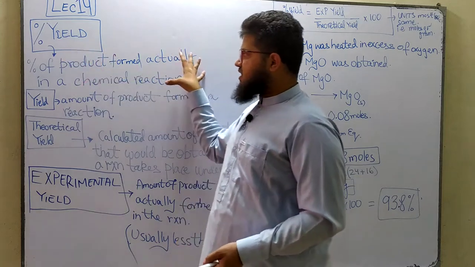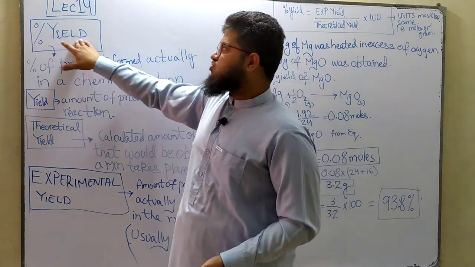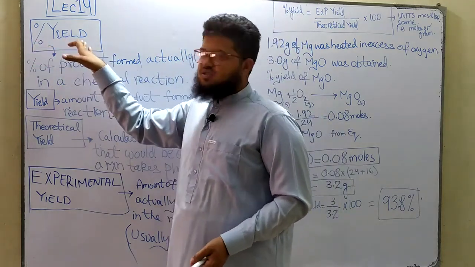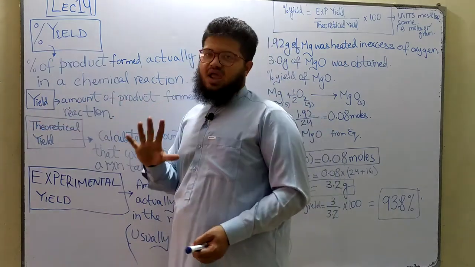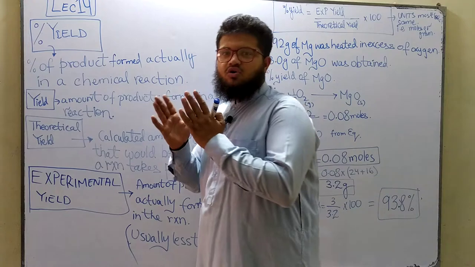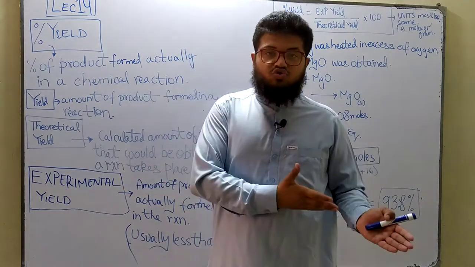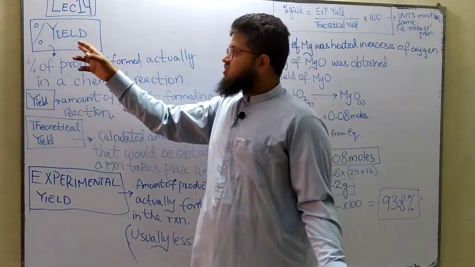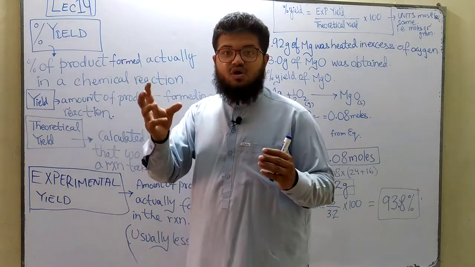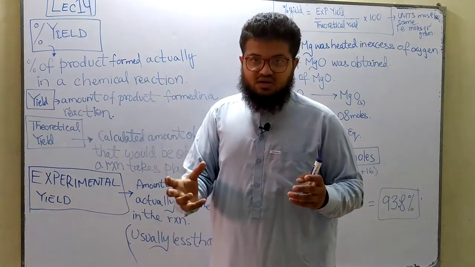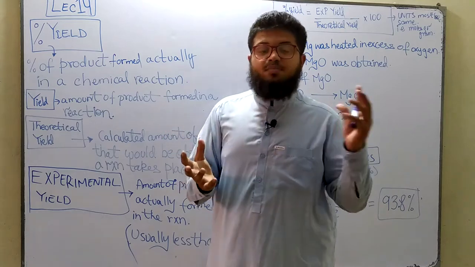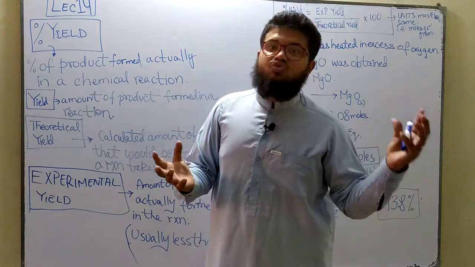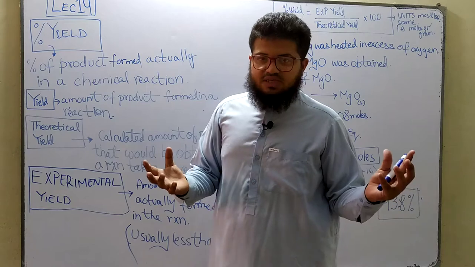Before I explain this, you must know what yield actually means. Yield is the amount of product which is formed in a reaction. So yield is just the amount of product produced in a chemical reaction. Percentage yield is the percentage of the product that you actually get from your experiment as compared to the product that you expect to get from the experiment.